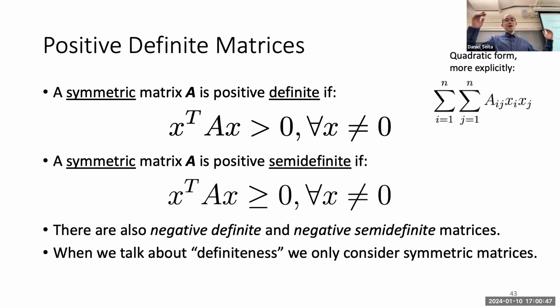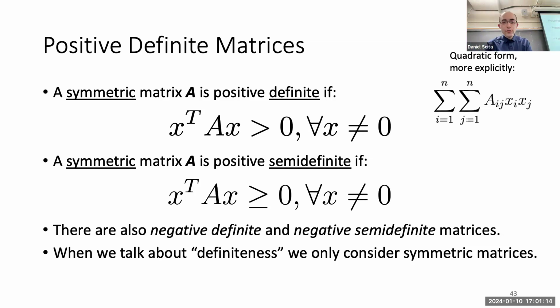And then, what does negative definite mean? If you have the definition of positive definite, what does negative definite mean? Yeah, it's the same thing except it's less than 0. And the same thing for negative semi-definite.